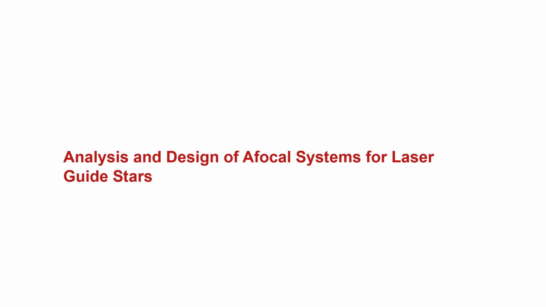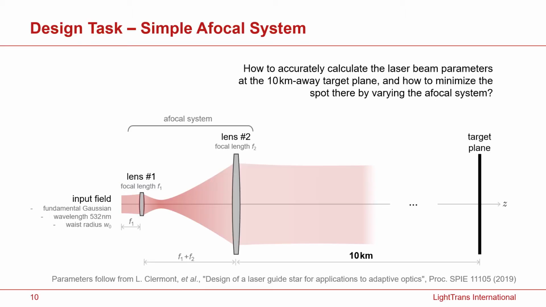The first example I selected here is the analysis and design of an afocal system for laser guide stars. Now let's have a look at the task. This is a task that we found in published literature from Mr. Clement, where he discussed the design of laser guide star applications.